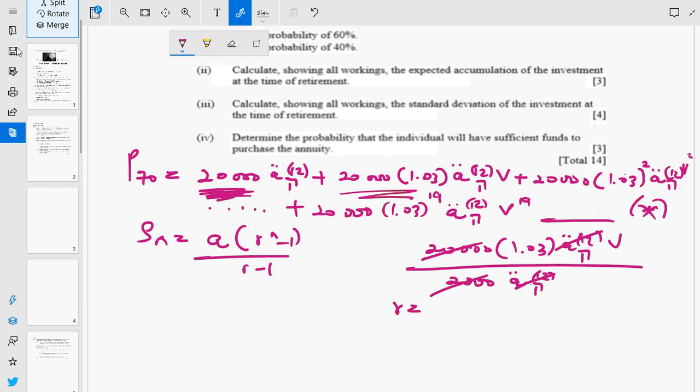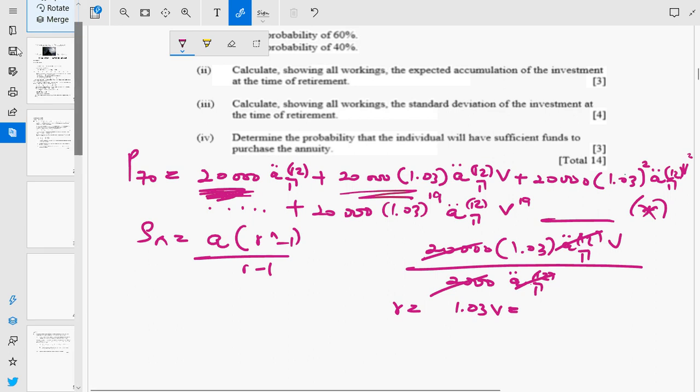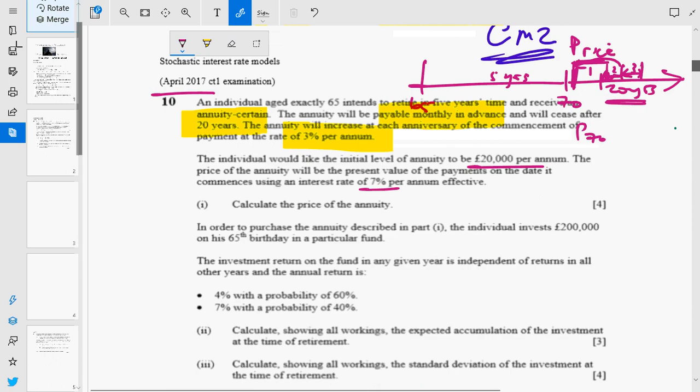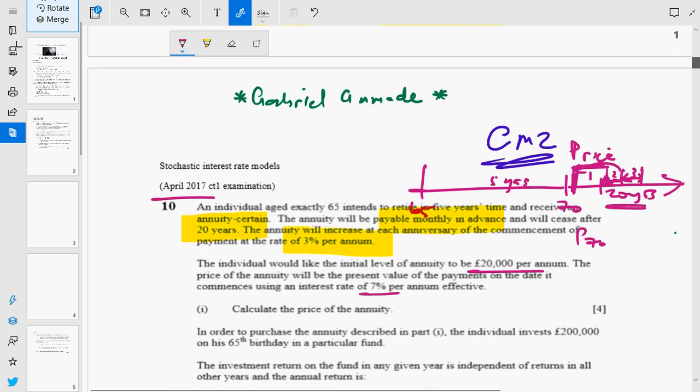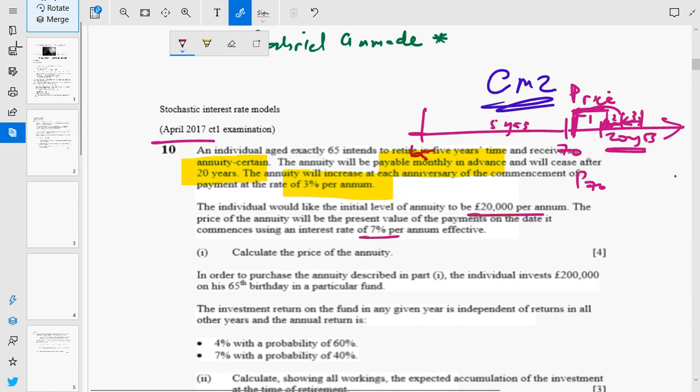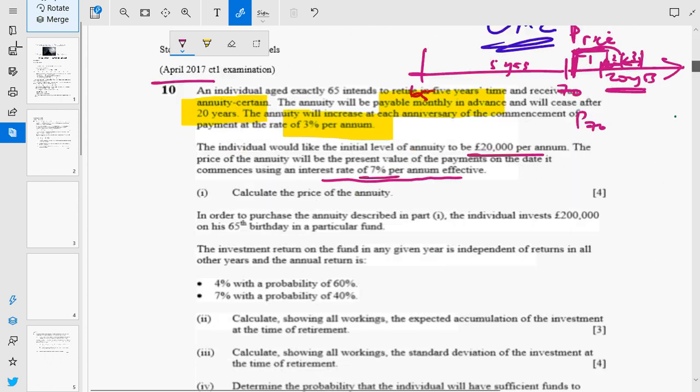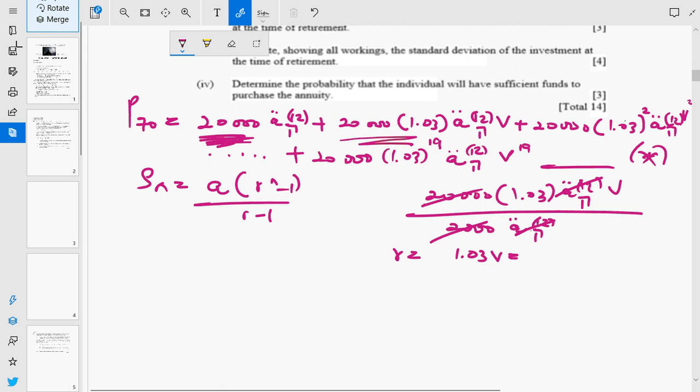So our ratio will be 1.03 V. Now, given that we are discounting, the question told you the interest rate is 7% per annum. So your V is evaluated at 7%. So this will be 1.03 over 1.07.